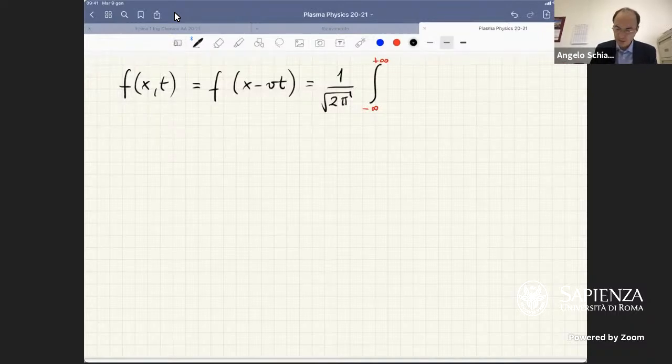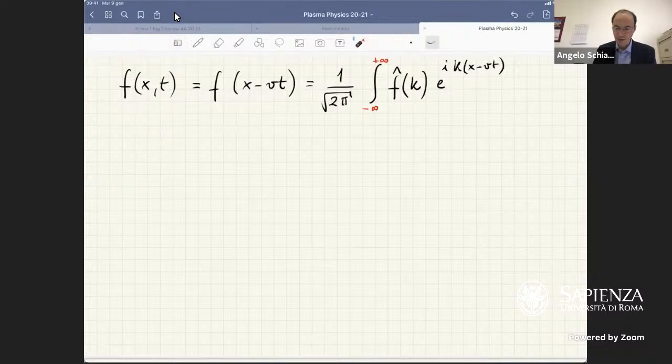So we have the amplitude of f in Fourier space, which is f of k, where k is the wave number, times an exponential factor, which is e to the i k, which multiplies x minus vt.